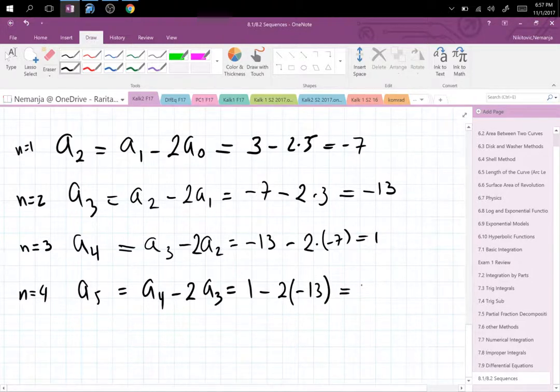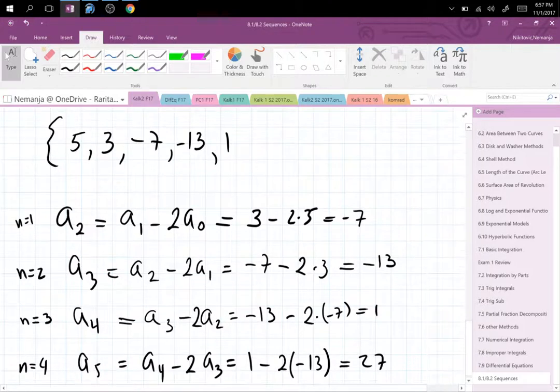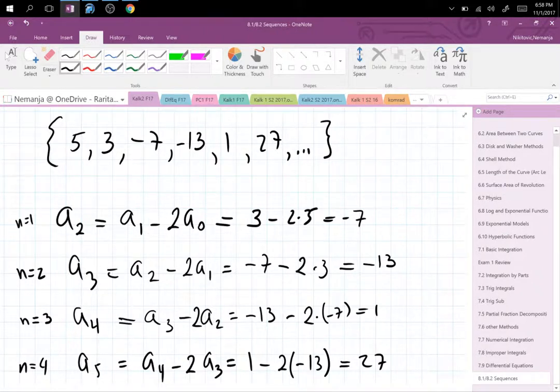And all together it is 27. And it goes forever. Close the brace. When the problem says 5, you do 5 terms. In this case, we calculated the first 6 terms.